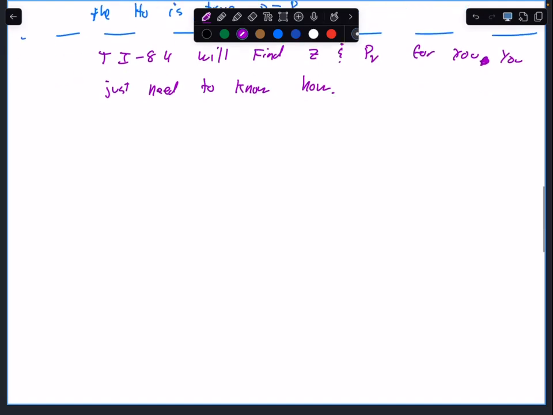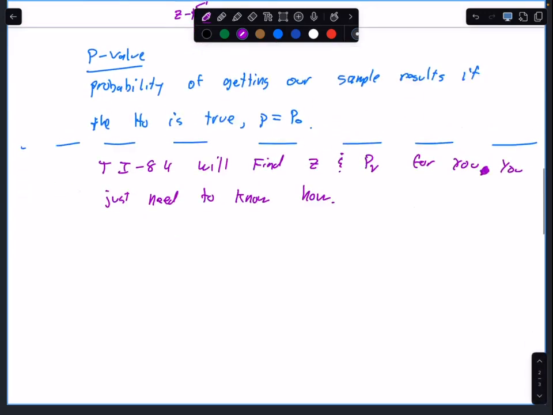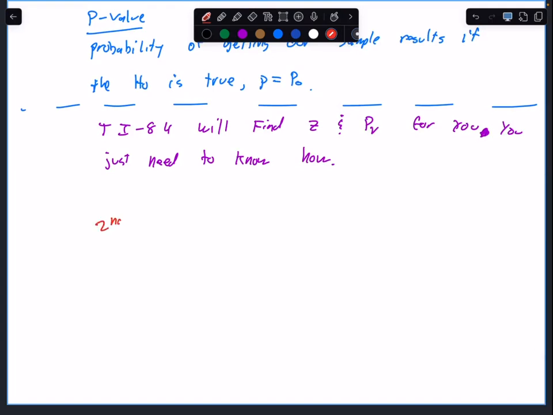So the way we do this is you're going to hit stat, and then you're going to select test.